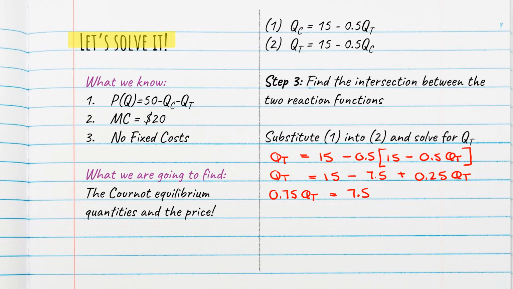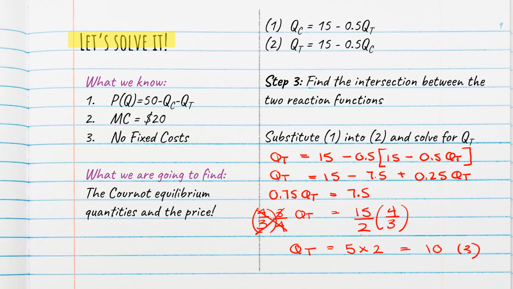So I'm going to rewrite this as 3/4 QT is equal to 15 divided by 2. I'm going to multiply both sides by 4/3. And when I do that, this side cancels, and I end up with QT is equal to 15 divided by 3, which is 5, times 4 divided by 2, which is 2. So QT is equal to 10.